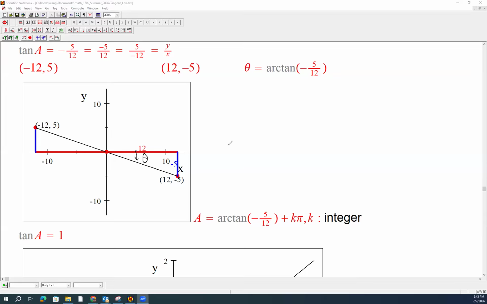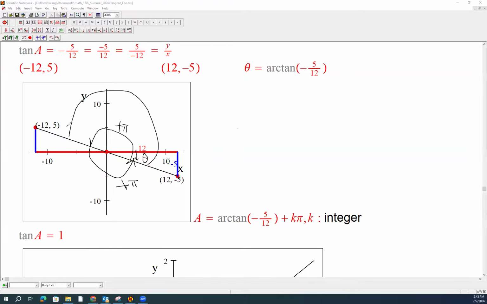And what does it mean by plus k pi? Plus k pi could be from theta, we add a pi, we add 2 pi, we add another pi. It's still on the terminal of our desire.